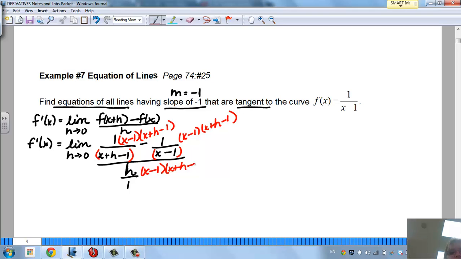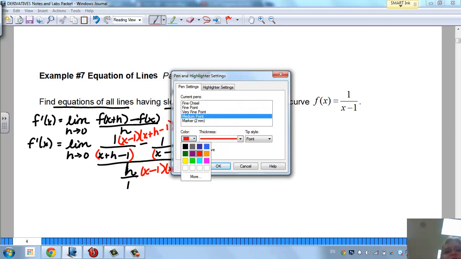And the whole idea why we do this, because it's a complex fraction, is to make it a little bit easier to look at so we don't have fractions within fractions.